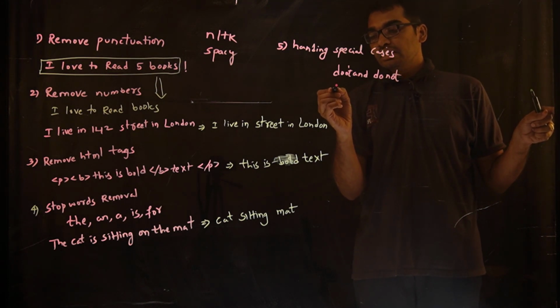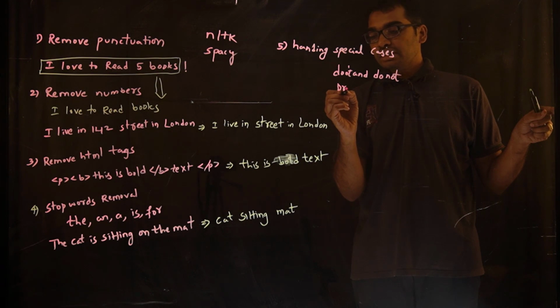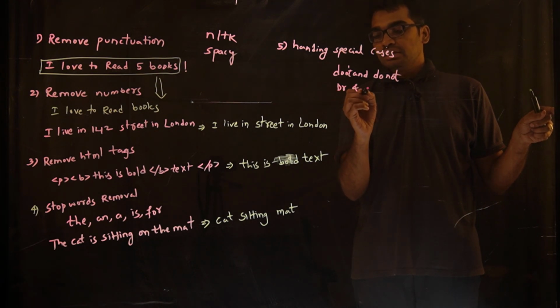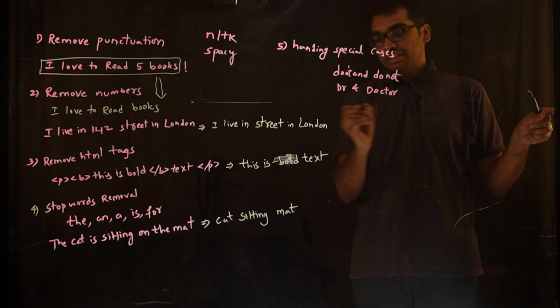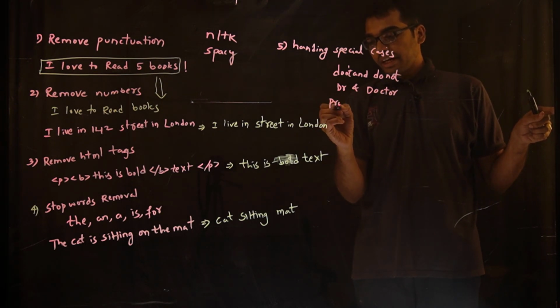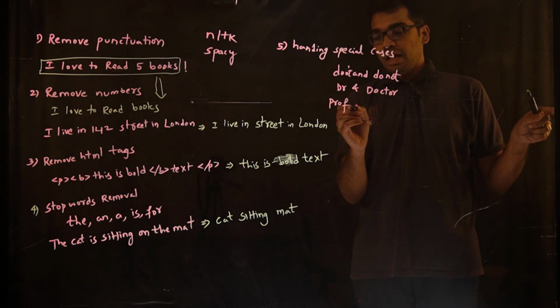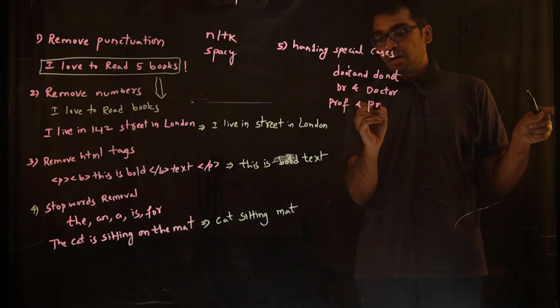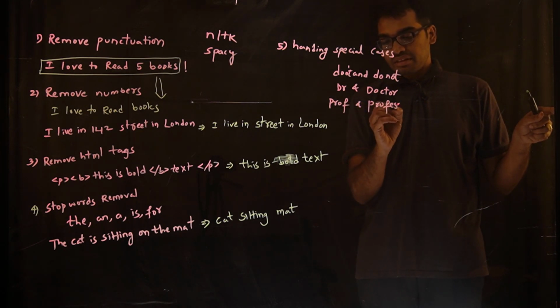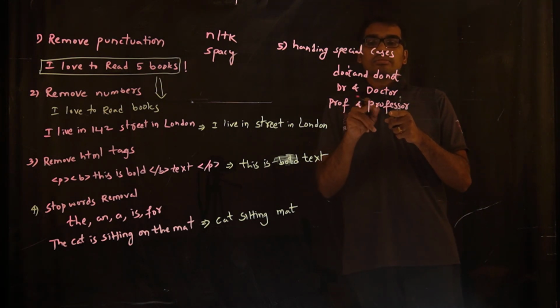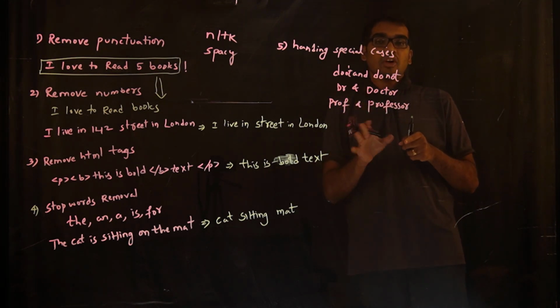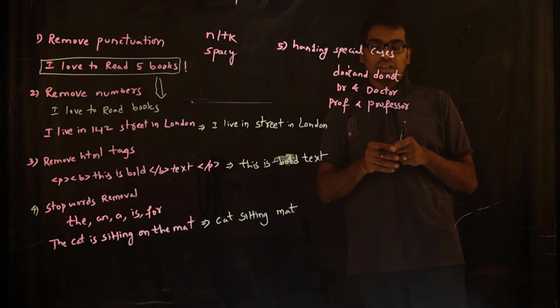Similarly, some people write doctor as DR, and some people write D-O-C-T-O-R. Similarly, people may write professor as PROF, and people may write the full word professor. Both mean the same, either doctor or DR, ideally in some contexts.